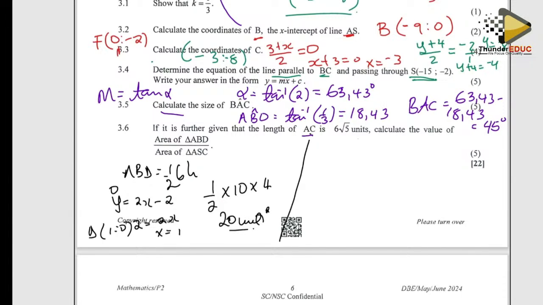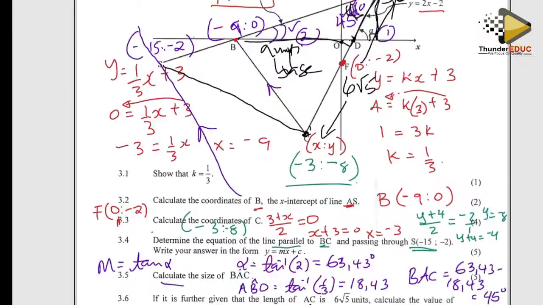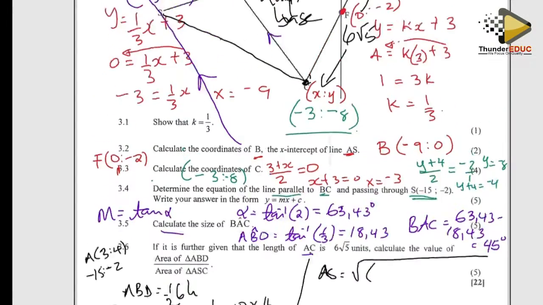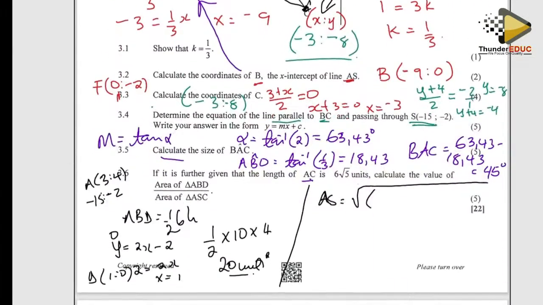Then we said we need the distance of AS. AS is going to be the square root. Okay, we had a negative 15 and negative 2. Our A was a 3 and 4. Is that correct? Perfect.